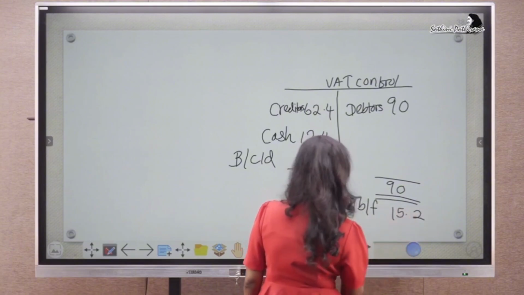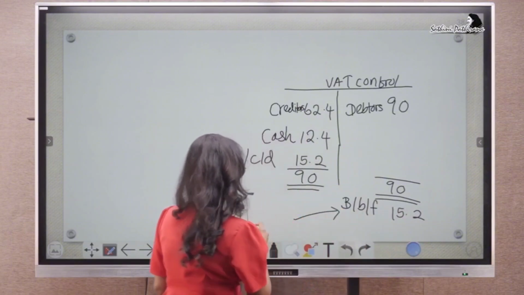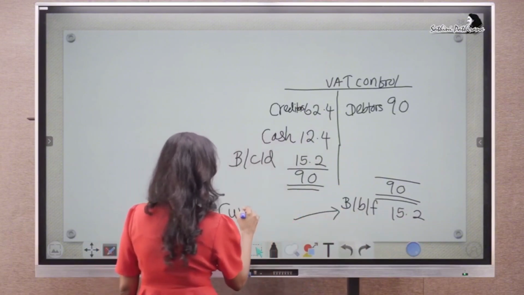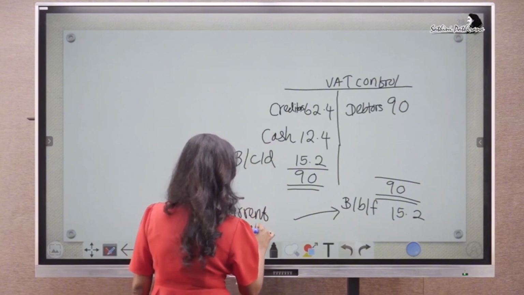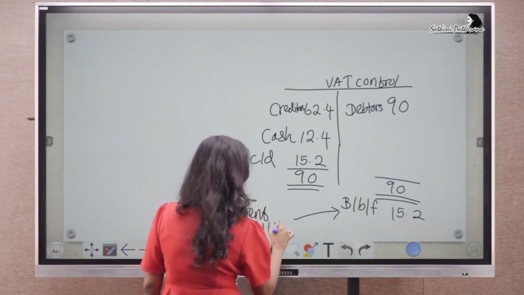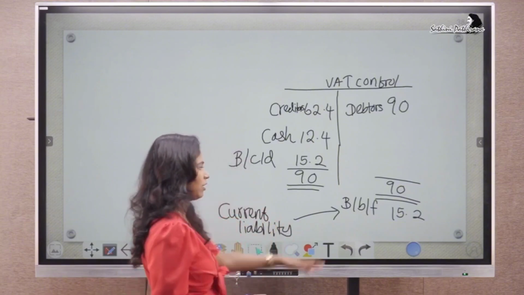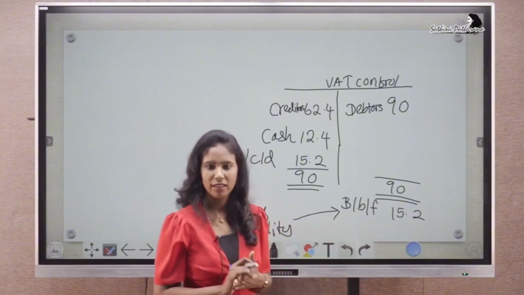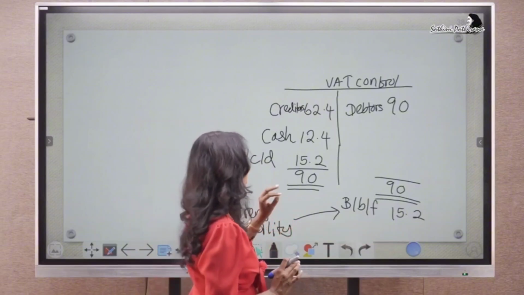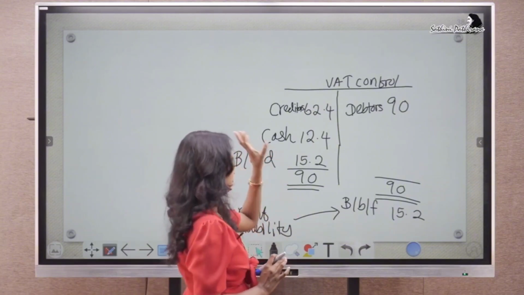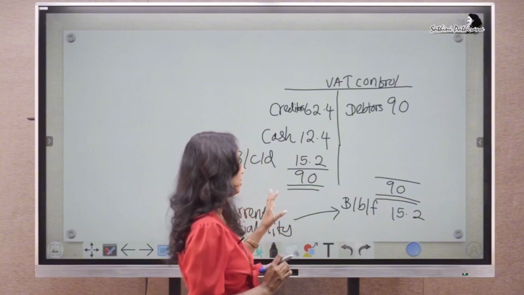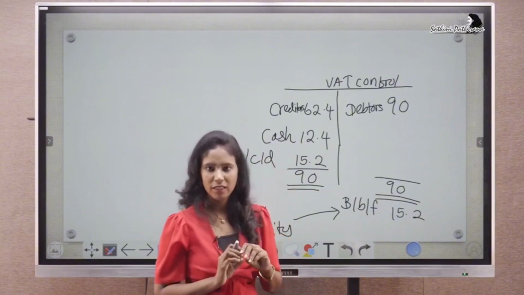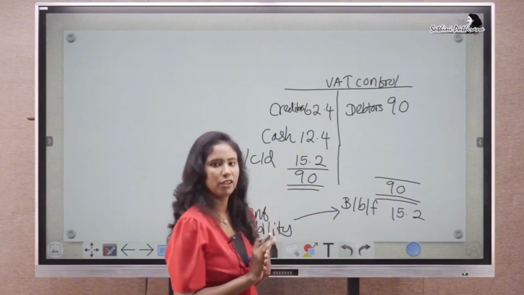So therefore this is a current liability. You can write this as VAT payable. So as I explained, the VAT amount you can't write in the sales account or the purchase account. It should be in the VAT control account.